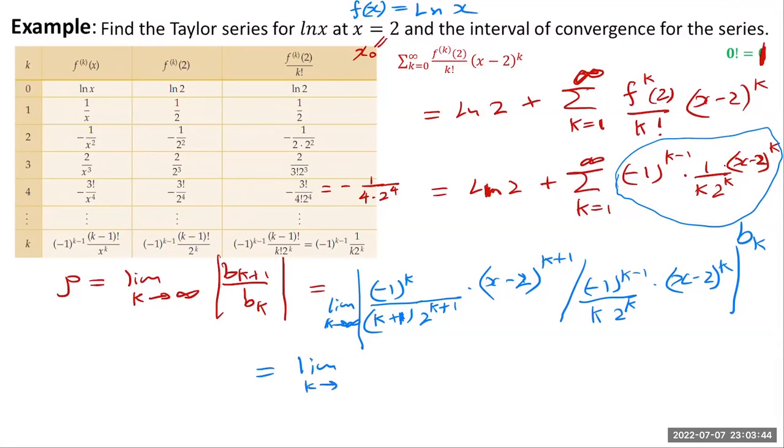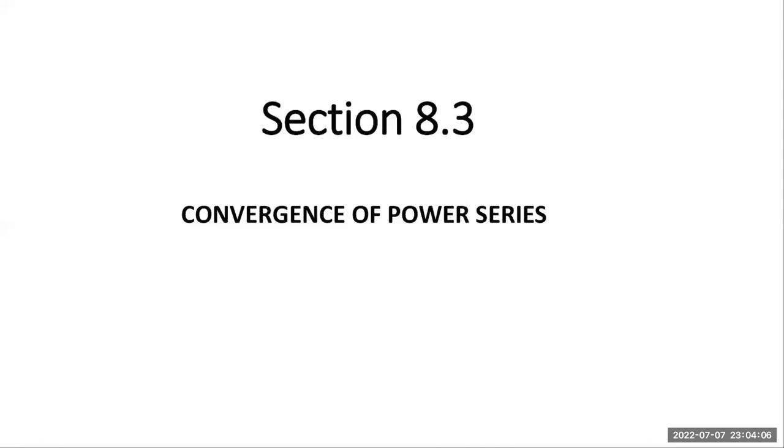I'm not going to show all the work here because you're familiar with this kind of thing. If you simplify this absolute value, this is what you're going to get: the absolute value of x minus 2 times k divided by 2 times k plus 1, pardon me. That's what you get. Now you need to find the limit.